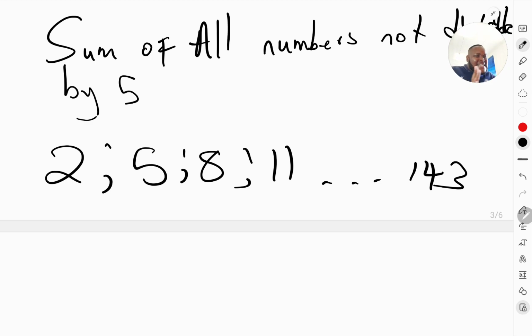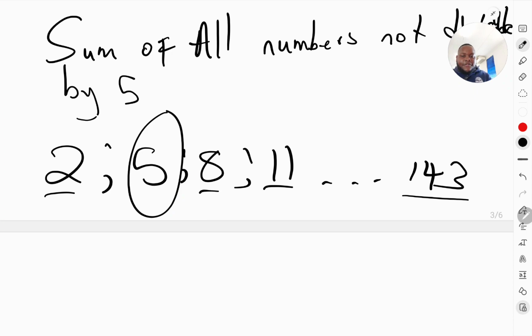So what is the sum of all numbers that are not divisible by 5? It means I'll have to add 2, 8, 11, up to 143. But the numbers that are divisible by 5, which is this 5 as the first number, I am not supposed to add.